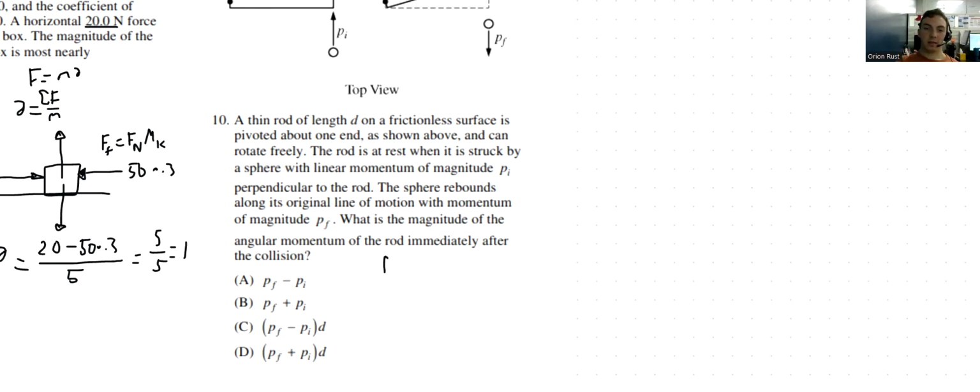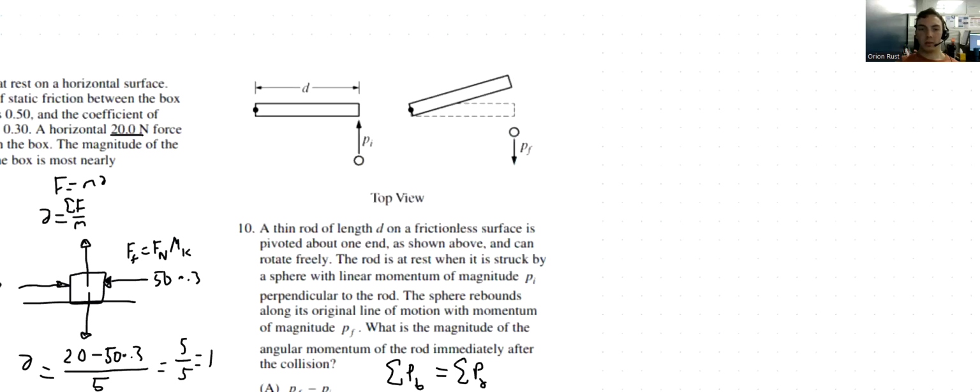So we know, given the conservation of momentum, that the momentum before is equal to the momentum after. And those symbols just mean the sum of all the momentum. This will be our before, and this will be our after.